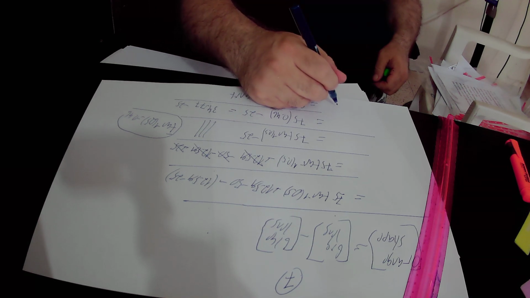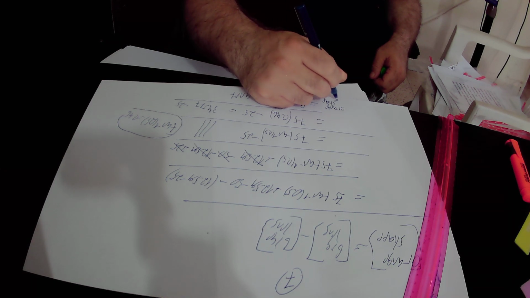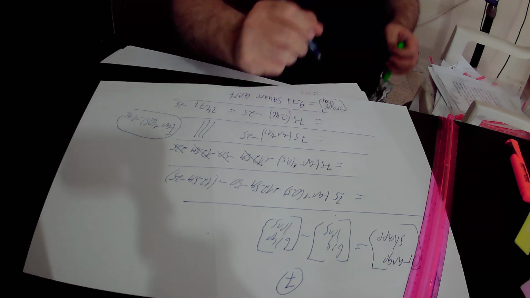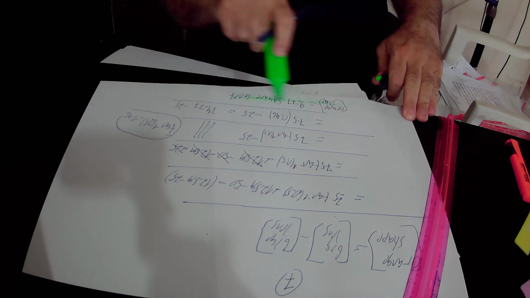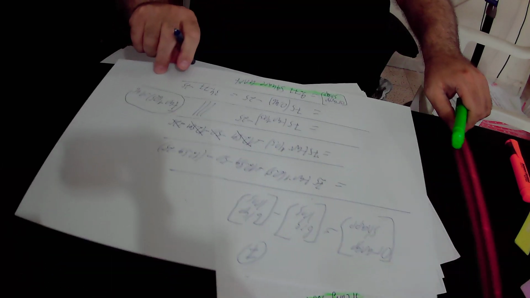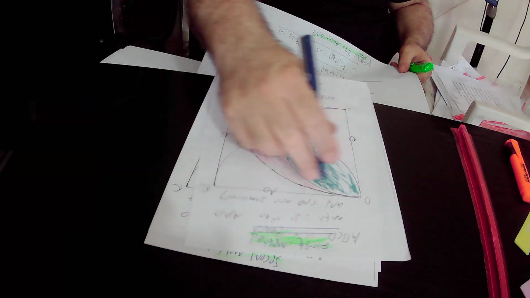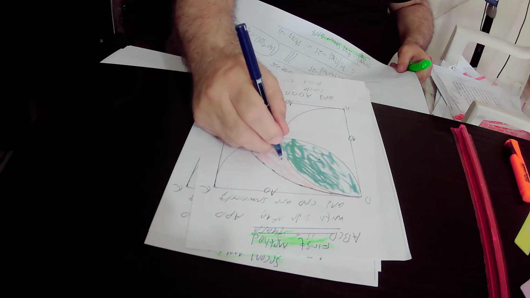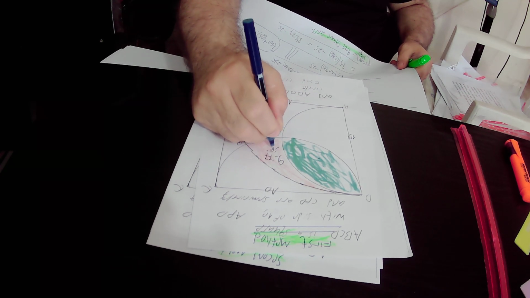And this is the area of the orange shape. The area of the orange shape equals 9.77 square units. I'll repeat again that the area of this orange shape DPQ equals 9.77 square units.